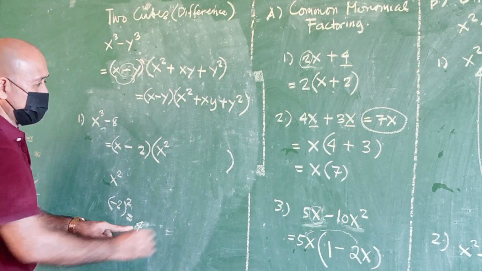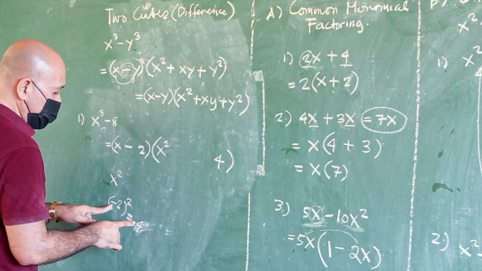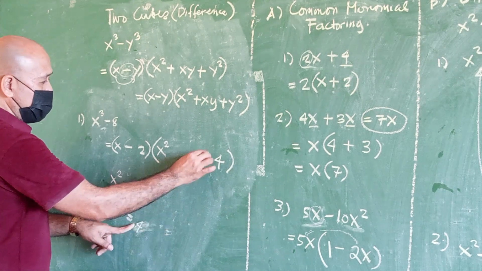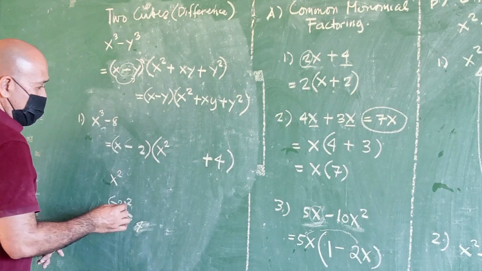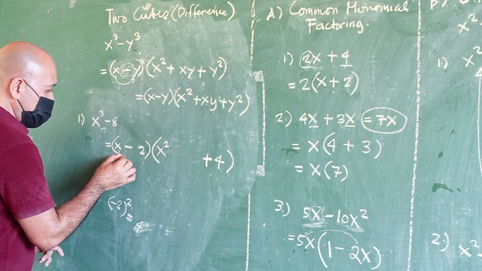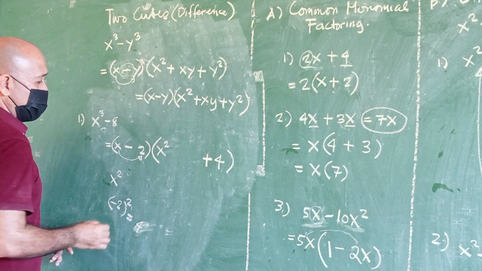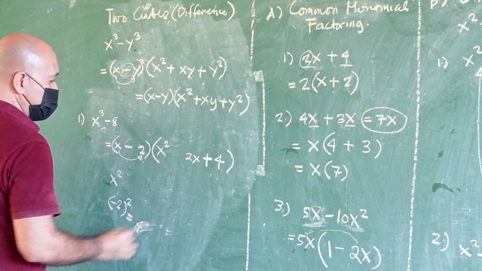You place that one as your last term. And since we square negative, the result is positive automatically, that is plus. And for the middle term, you just have to multiply 2 times x. So 2 times x, the result is 2x.